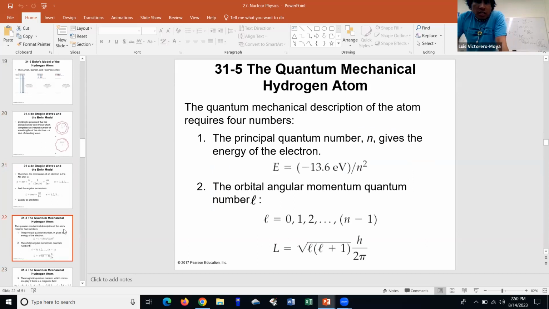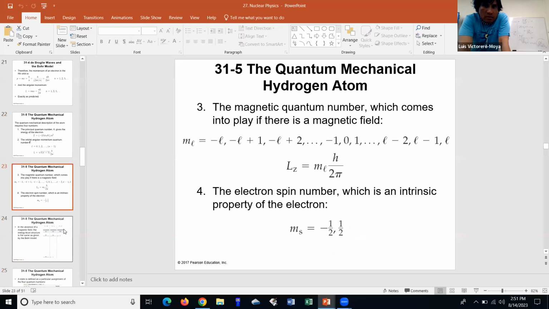And to finish, just to introduce you guys to the 4 quantum numbers that were described and we obtained from the study of the hydrogen atom. The n number that we've been talking about today is related to the energy of the electron. That will be the principal quantum number. The angular momentum is your L, right? That goes from 0, 1 to n minus 1, so that's the limit.